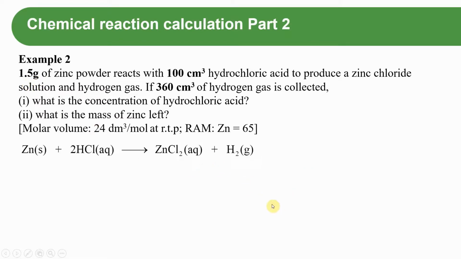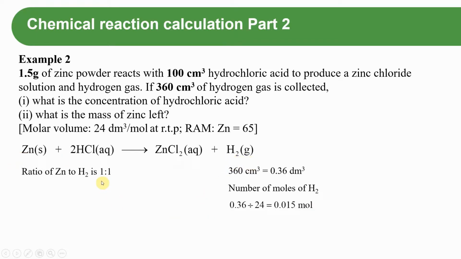So the same method, we find the number of mole of hydrogen, which we have done just now. And now we just need to compare zinc with hydrogen gas. And from the chemical equation, we know the ratio is 1 to 1. And we can actually find the number of mole of zinc now, which is the same, 0.015 mole.